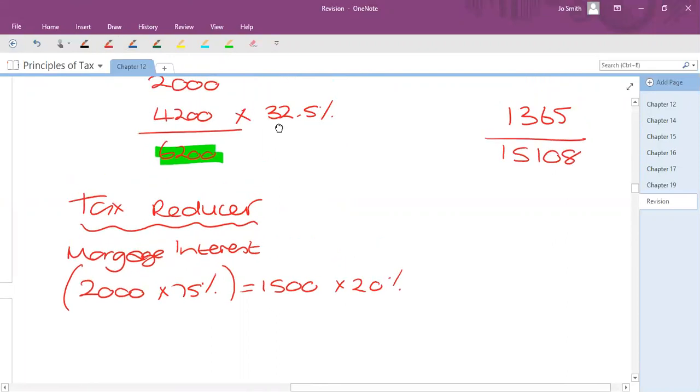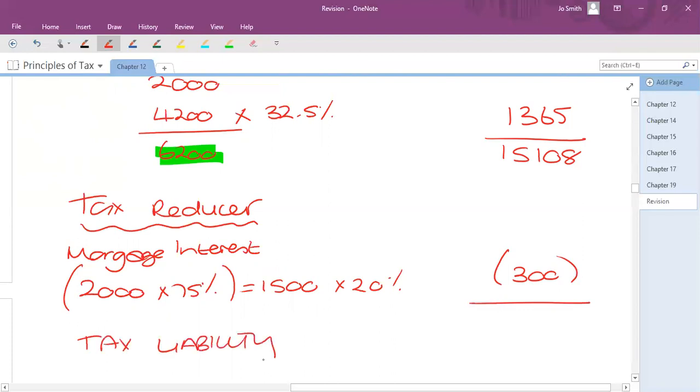It doesn't matter that we're a higher rate tax earner, the relief is always at 20%, and the same would be with your married couples allowance. So you don't get any more relief just because you pay more tax. So we reduce it by £300, and that ends up with my final tax liability for Darren of 14,808.